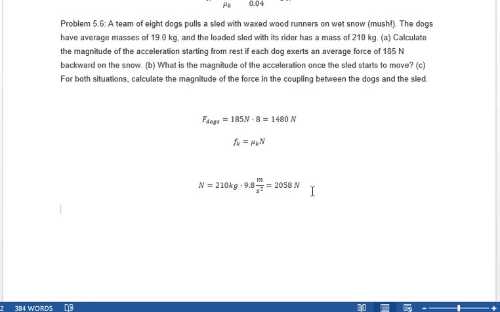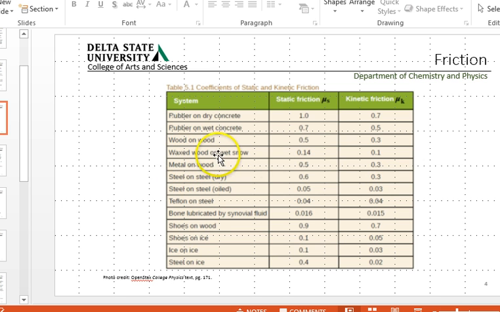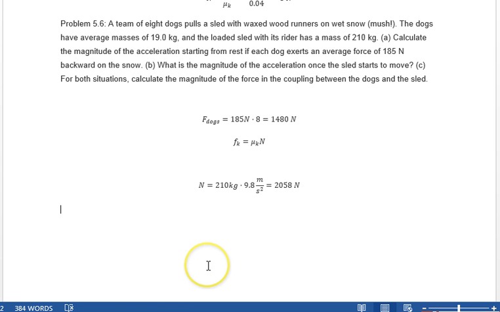Okay. And then the coefficient of friction between waxed wood and wet snow. Waxed wood on wet snow, kinetic coefficient of friction is 0.1. So mu k equals 0.1.